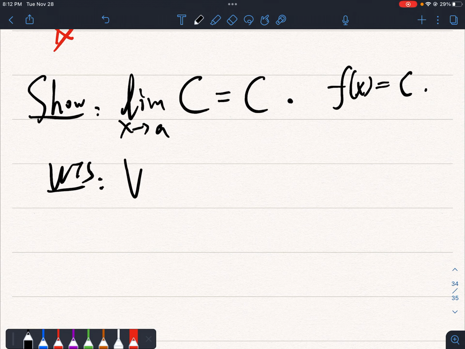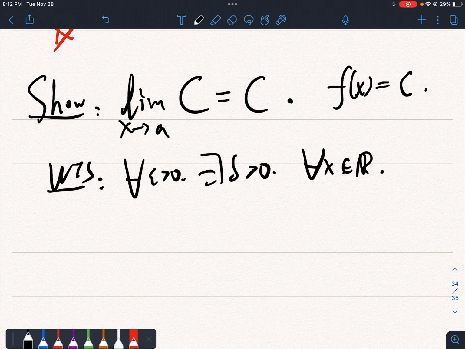So let's prove it. We want to show that for all epsilon bigger than 0, we can find some delta bigger than 0, such that for all x. Whenever I don't say for all x in some set, I mean for all x in R. I don't want to be that rigorous, because I have to move on and save time.